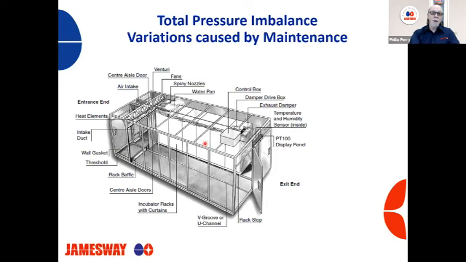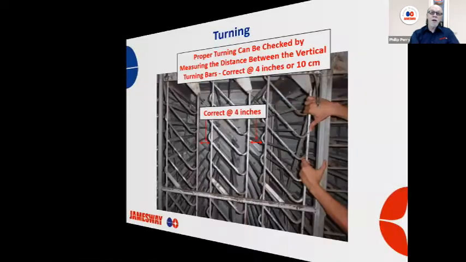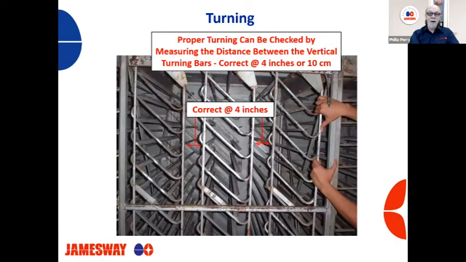So when we have a pressure imbalance, the things we would look for maintenance-wise, egg racks can cause a lower value. One way the egg racks can cause this is that they're not turning their full 45 degrees.